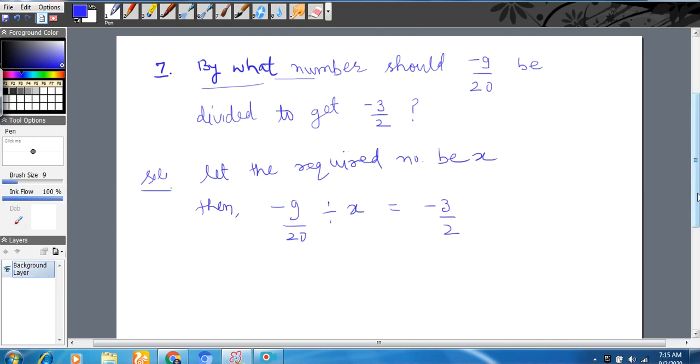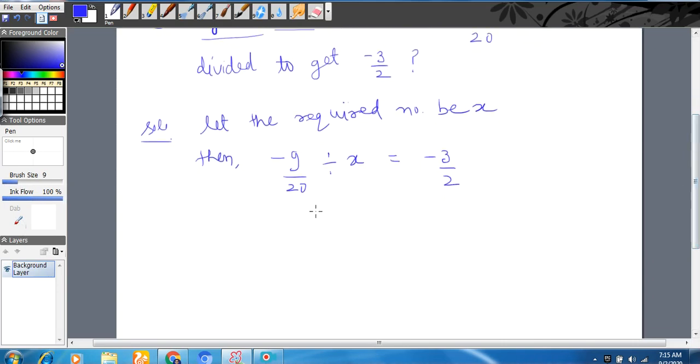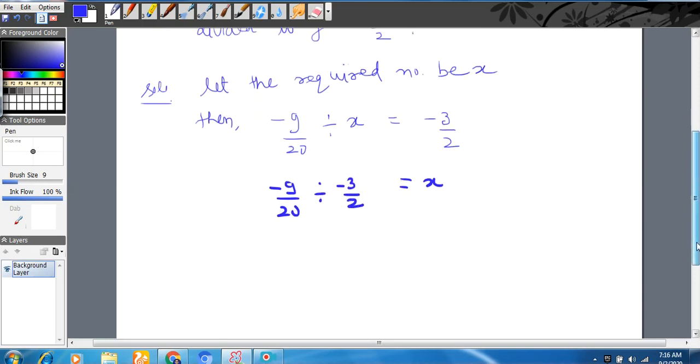So it becomes simpler. Listen, now to find the value of x. Okay, so we will interchange the divisor and the quotient. So if x goes to right hand side, then -3/2 comes to the left hand side, it becomes the divisor.